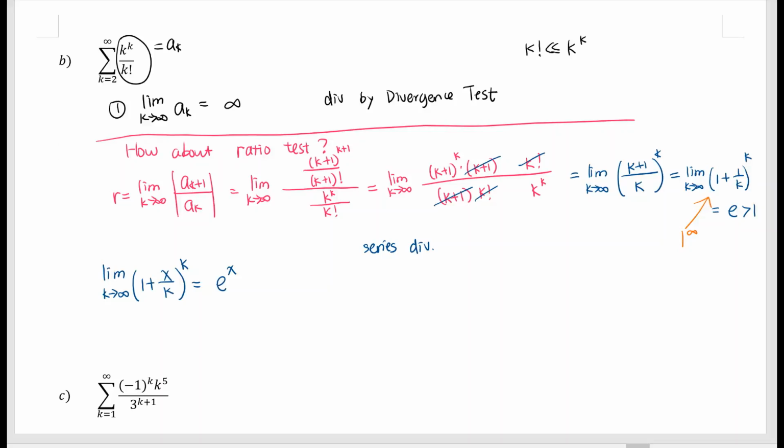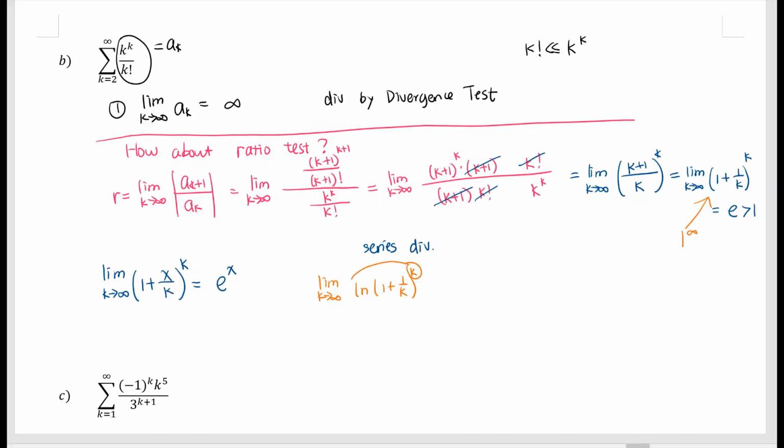So for this indeterminate form, you're gonna apply ln. So here are more details if you forgot this formula. Okay, so we apply ln. We compute the limit and we apply ln to it.